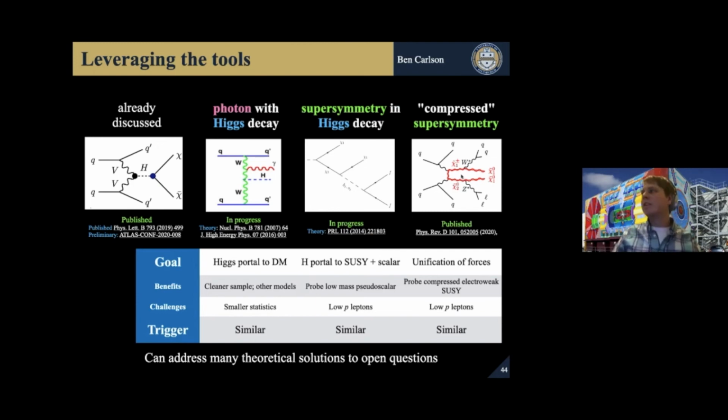I won't go into the details here, but you produce the particle and then it decays to produce a very similar final state, but with some leptons in it. That has been published already. And so the main message here is that you use similar tools, similar triggers, similar kinds of techniques to address lots of theoretical phase space and open questions.